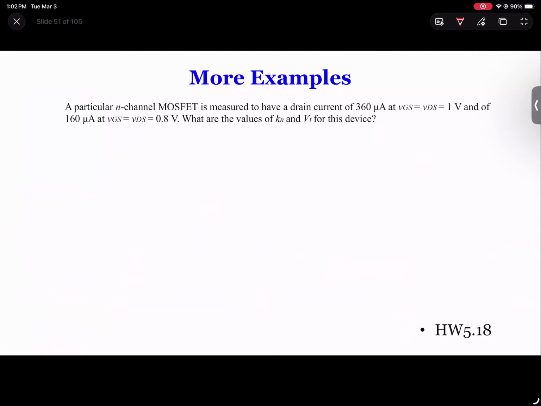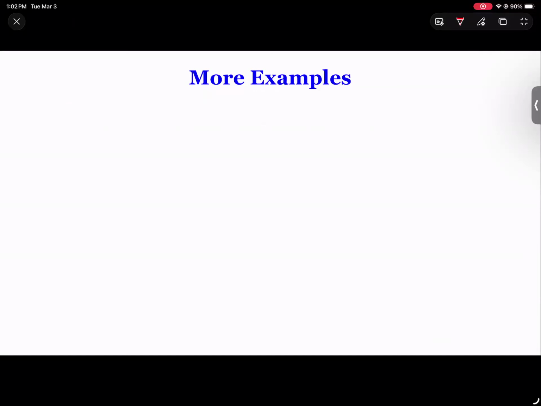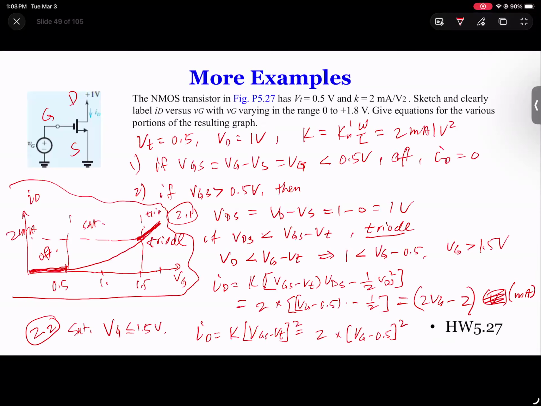Yes, go ahead. You mean the one at 1.5, that's 1?